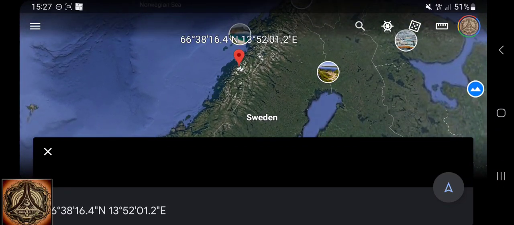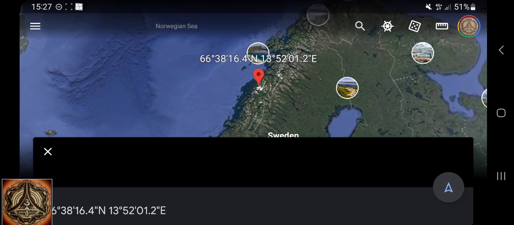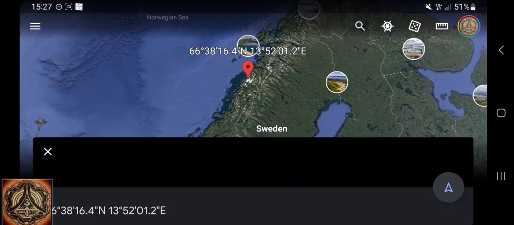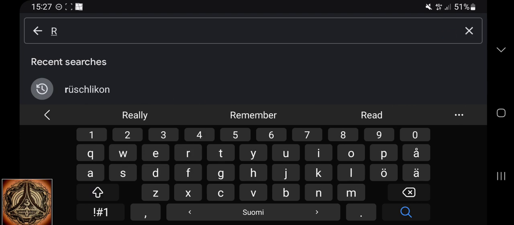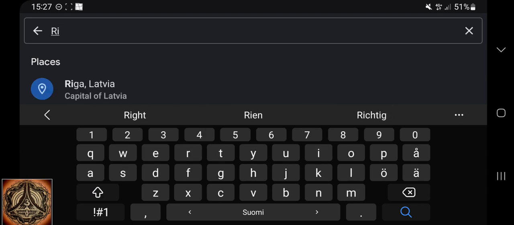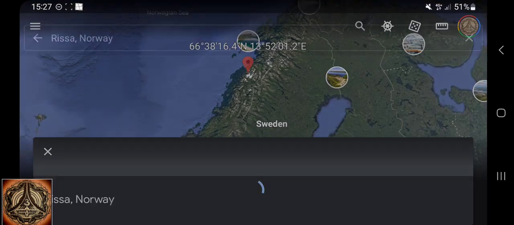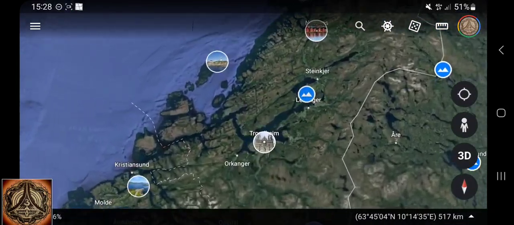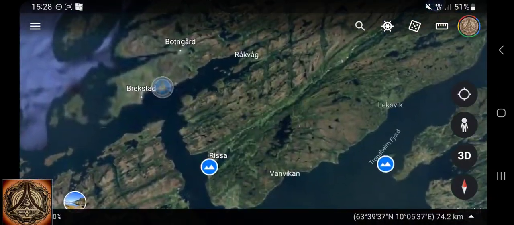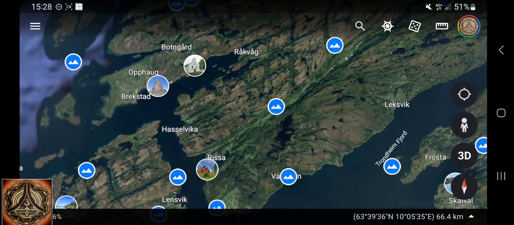So that's the quake location. Now let's put in Rissa. Rissa, Norway. Yeah, it's rather far away from where the quake was.